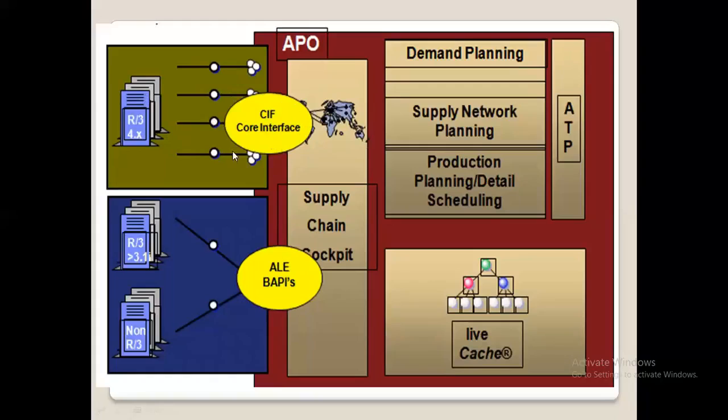Okay, with the help of the core interface, SNP is going to connect in APO. For non-authorized systems also, it's going to connect with the help of ALE BAPIs. And whatever data we have, demand planning data, supply and demand, product planning data, whatever data is created is going to be stored in the common database called liveCache.